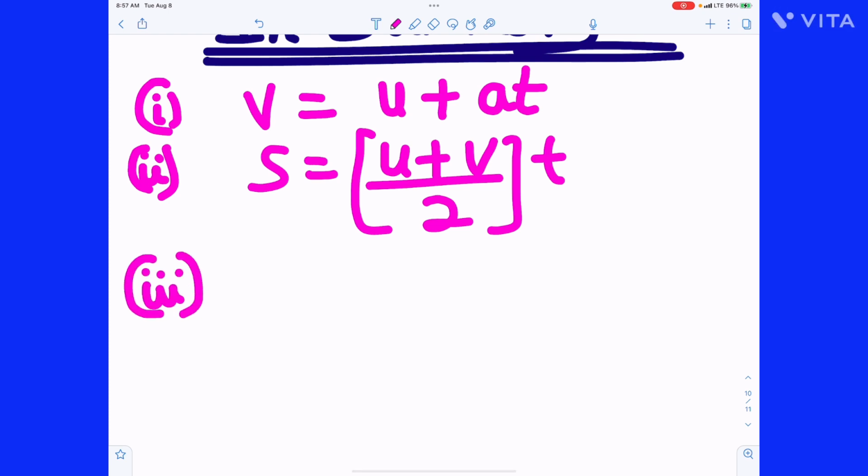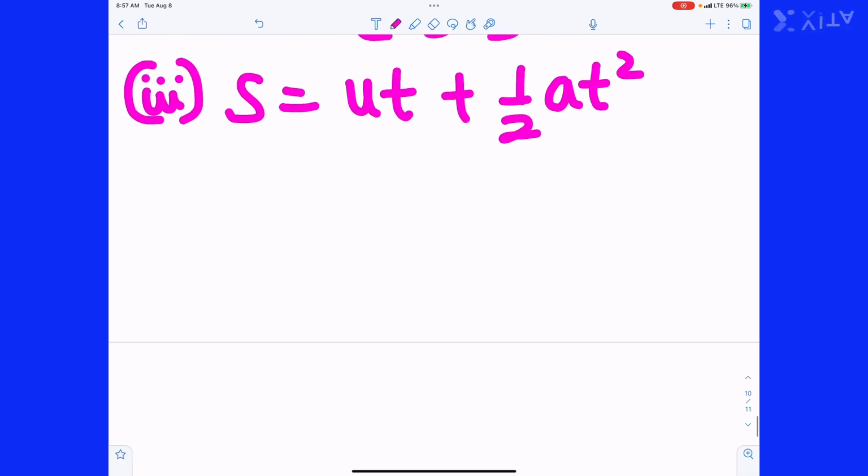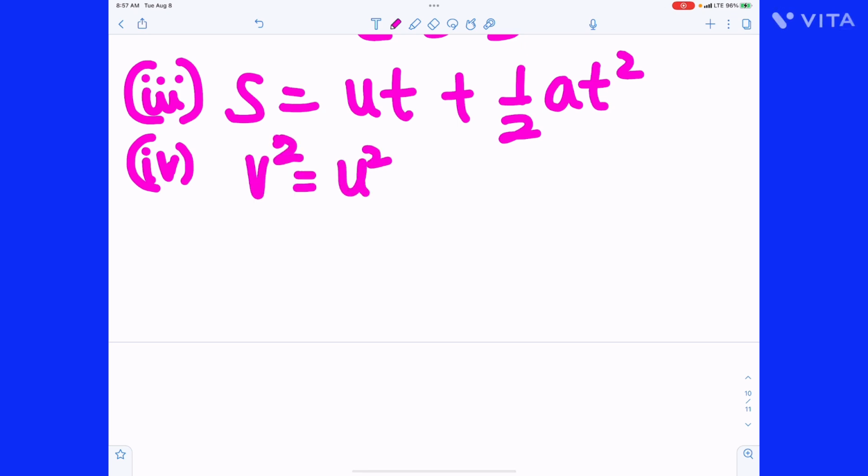Thirdly, equation 3 is s is equal to ut plus half a t squared. Then lastly, equation 4, v squared is equal to u squared plus 2as.